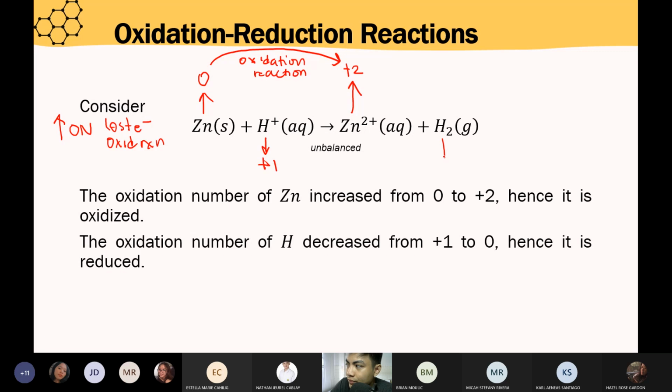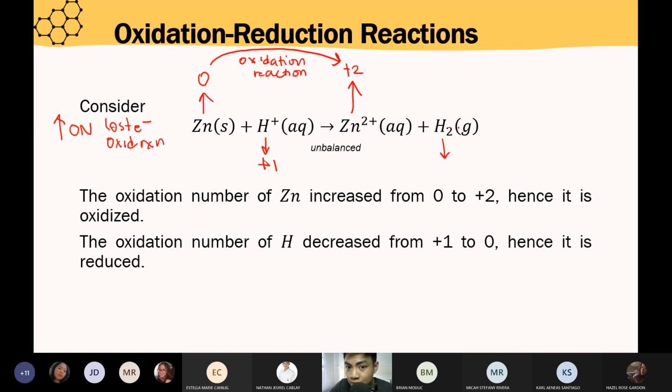In H2, rule number 1 to. This is an elemental state. Pag sinabing elementary state, sila yung mga monoatomic, diatomic, tetraatomic, pero walang charge, tapos isa lang yung element.